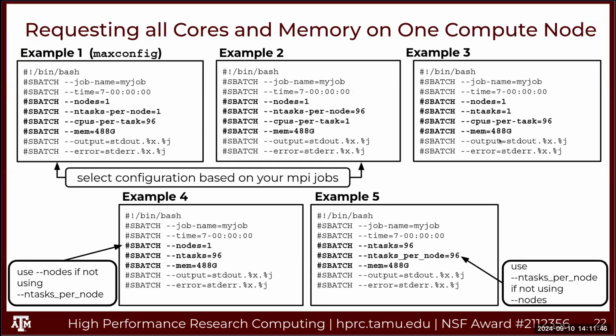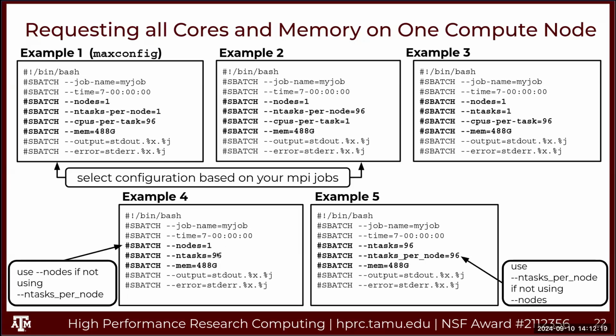Here's another way you can specify ntasks. If you specify ntasks, you'll want to also let Slurm know with some other parameter how many nodes you want to use. And in this case, you're using 1 node and 96 CPUs per task. All right, example 4, if you're not using nodes, you can just say ntasks is 96 and the number of nodes is 1.